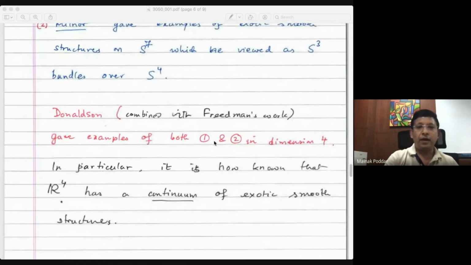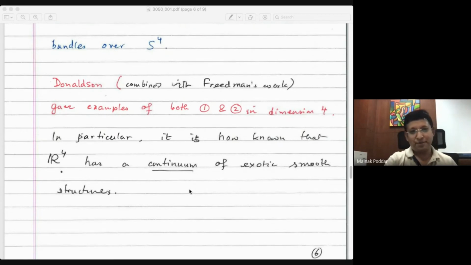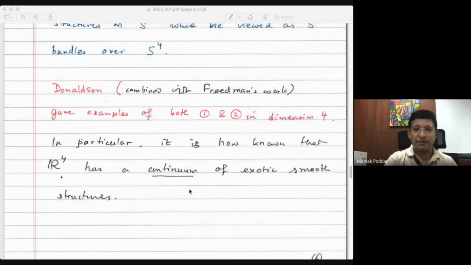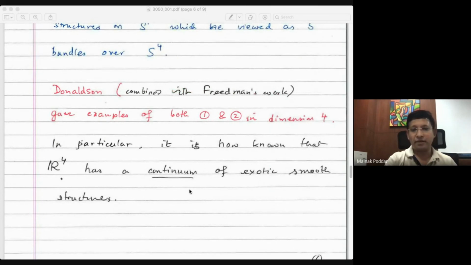And so now we know in particular that the simplest manifold you can think of, R4 in 4 dimensions, has a continuum of exotic smooth structures, so non-standard smooth structures, parametrized by the real line, for instance. So there are so many of them, and it was a very mind-boggling, unexpected thing that happened.